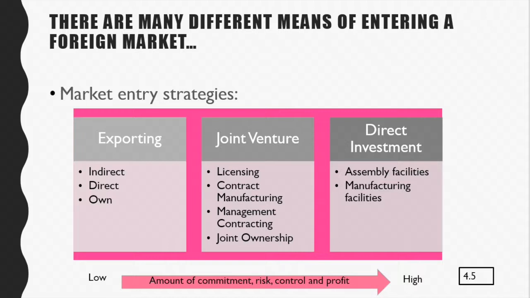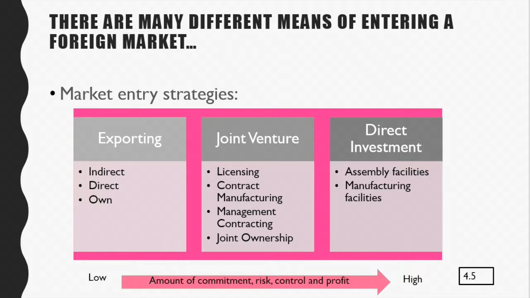Something that I especially like about this picture is the arrow at the bottom of the picture. You see the word low and high, and then amount of commitment, risk, control, and profit. So if you start out with the export, you know that here the amount of commitment is kind of low for the company.